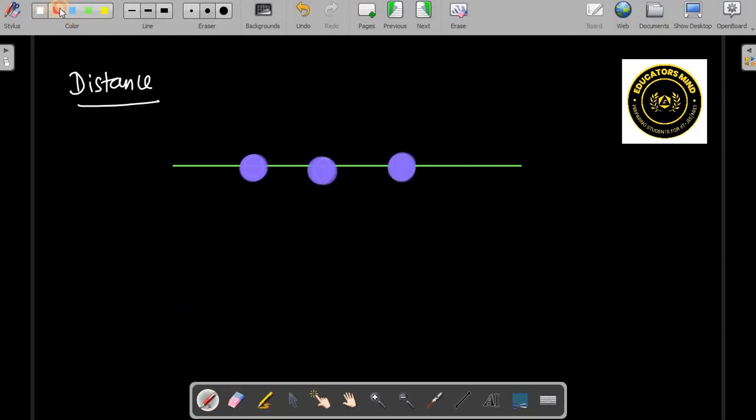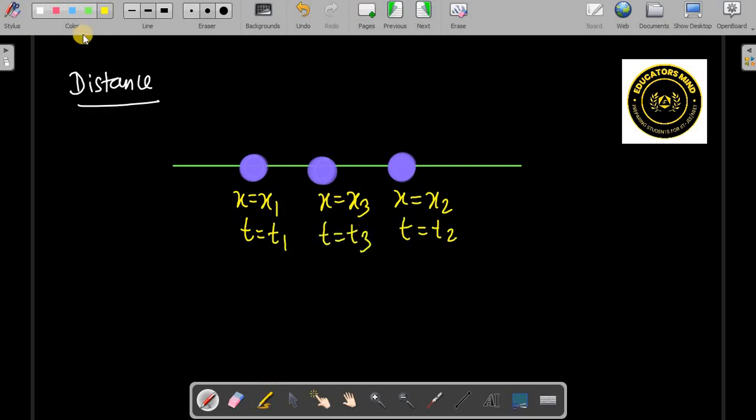So this is x equal to x1, this is x equal to x2, this is x equal to x3, at t equal to t1, t2, and t3. The body is moving from here to here first, and then moving backward like this. So there are two motions, one forward and one backward.